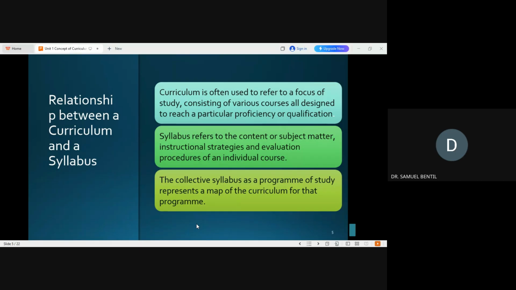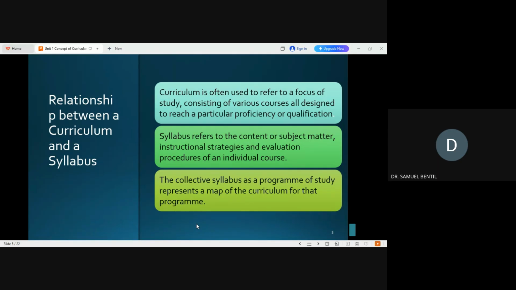It is what we now call NACA. NACA is in charge of the production of the curriculum and the syllabus at the same time. They will assemble experts, subject specialists, and teachers to sit and develop it, and government will go through it before they sanction it for schools to use. So we can say that the syllabus is a subset of the curriculum.